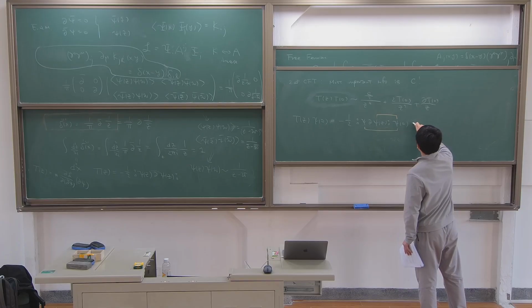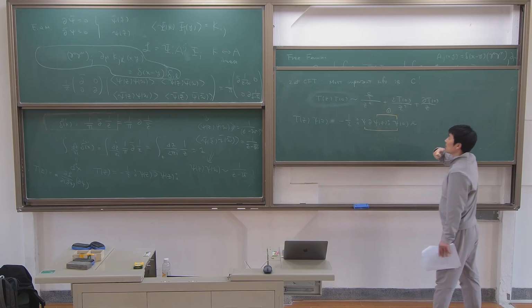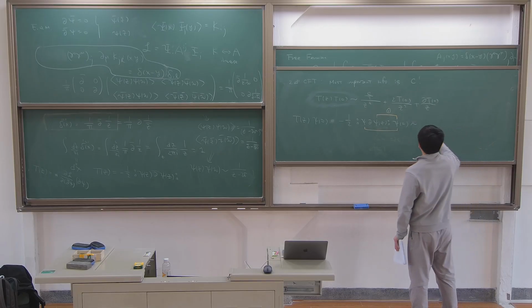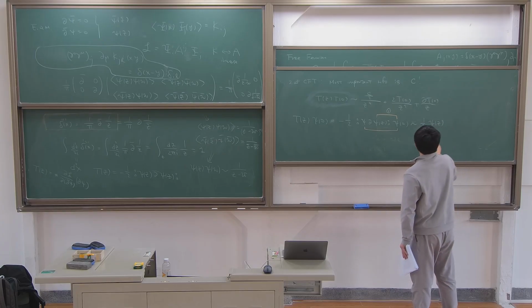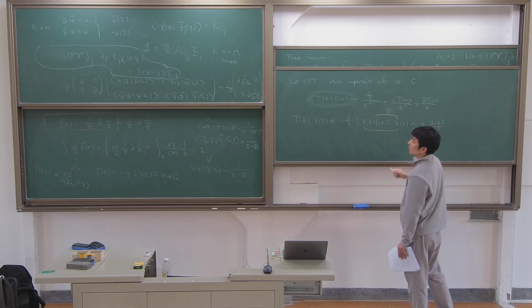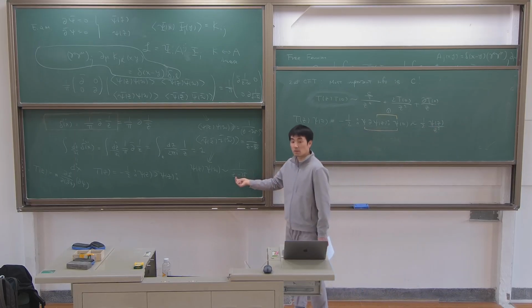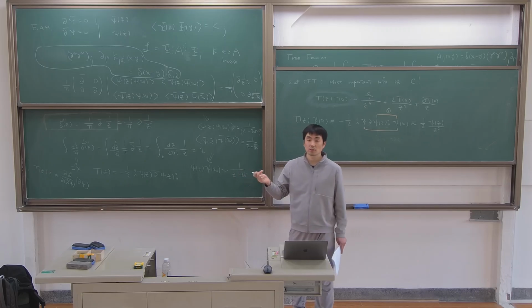So let's do the first one, number 1, this one. Then what we get is 1 half sine z over z squared. Okay? Because of this one.